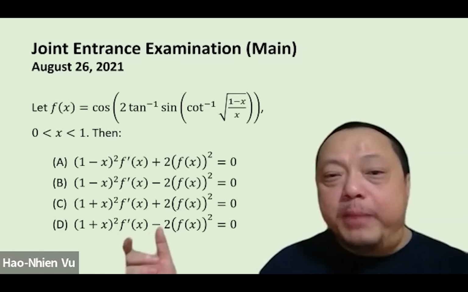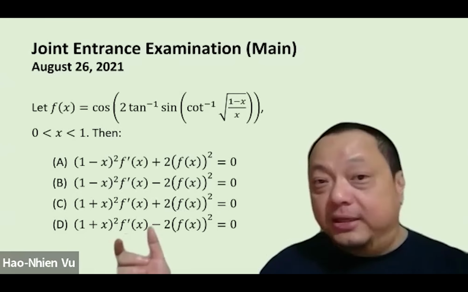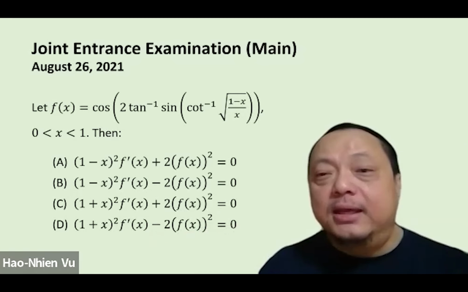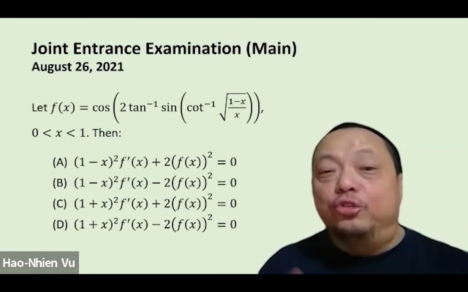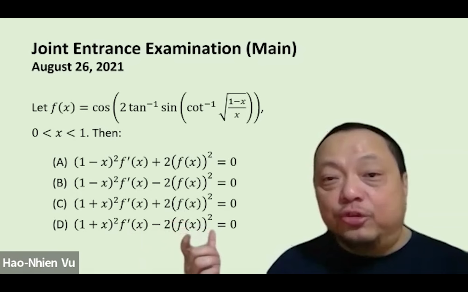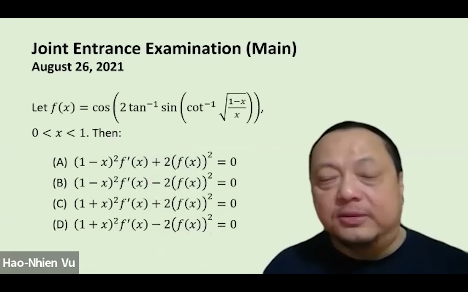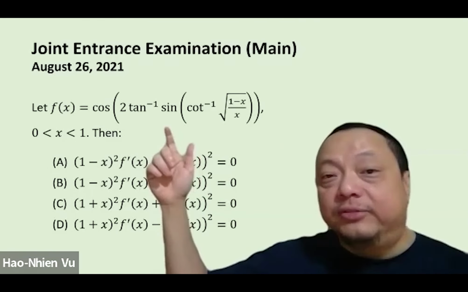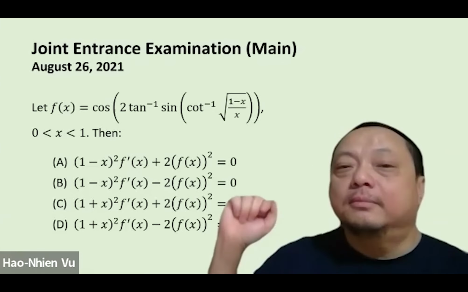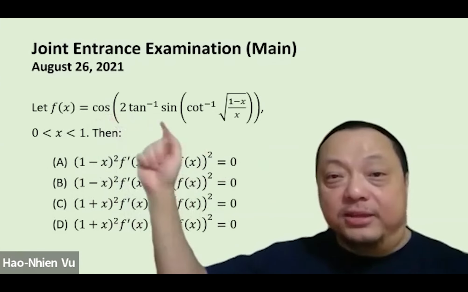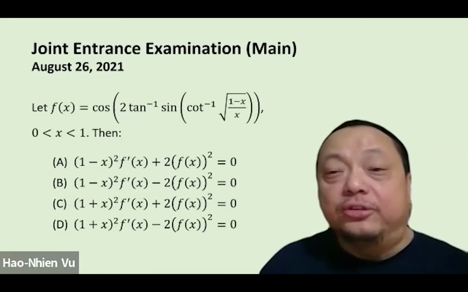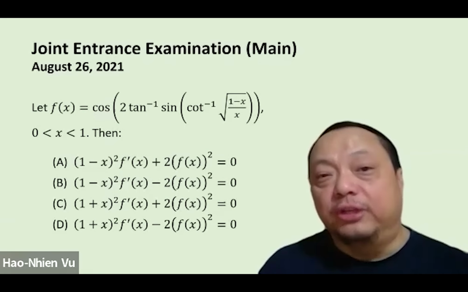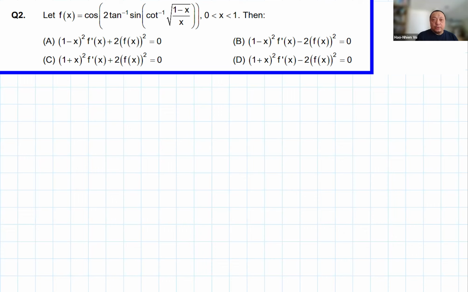So even if you manage to take the derivative correctly that way, you will end up with something so long and so complicated that there's no way you can manage to balance it with the f squared, which is just cosine squared of all of this. So leaving f as is and taking the derivative of it is a bad idea. We should be simplifying this first. And so that makes this problem at bottom line a trigonometry question. Let's get going with this question.